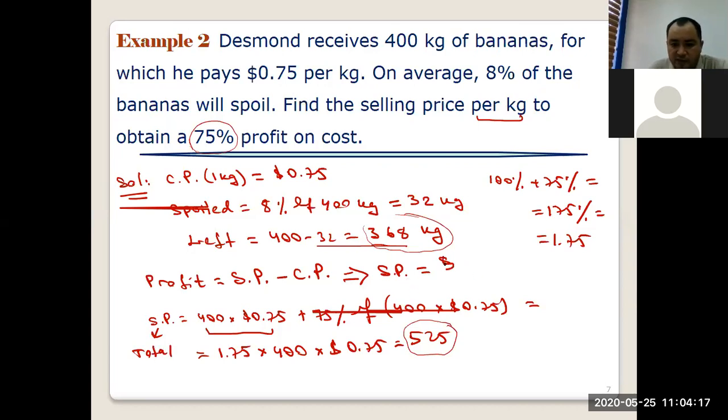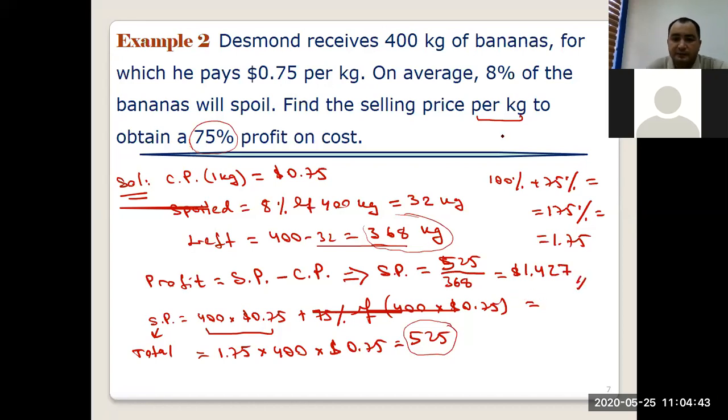So that is $525 over 368, which is equal to 1.42647. That's correct to 5 decimal places.